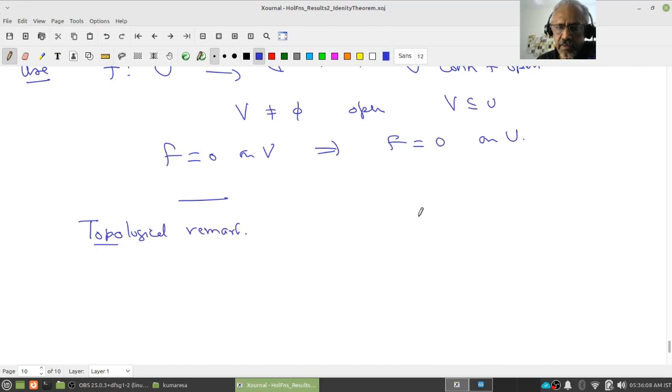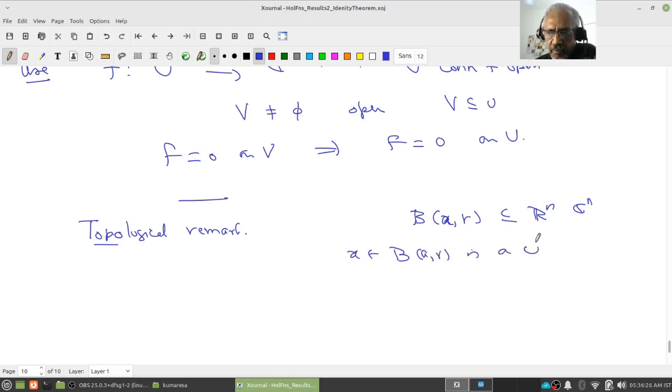Let us say B̄ is an open set in any Rⁿ or Cⁿ. Then every x in B̄ is a cluster point of B̄.